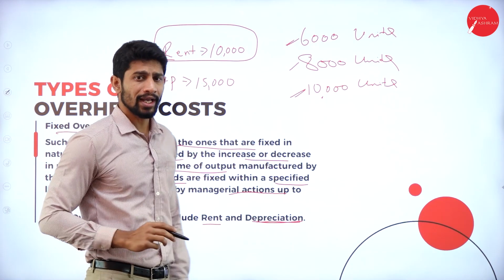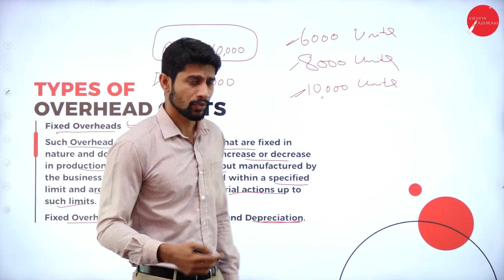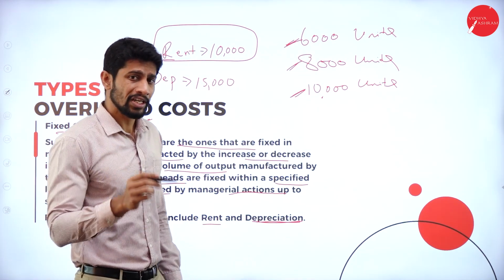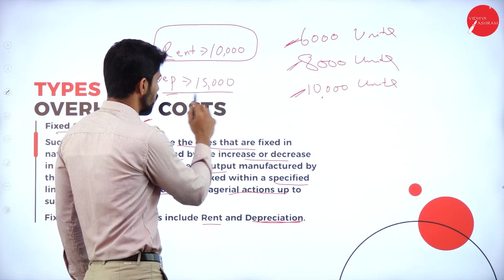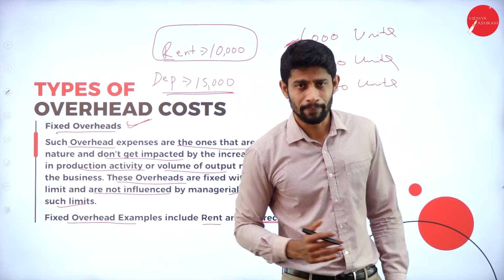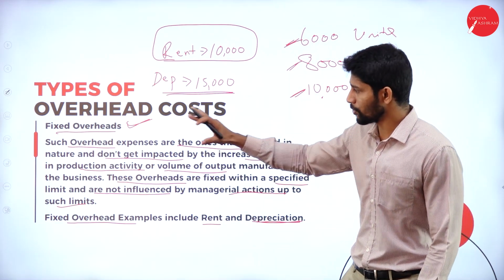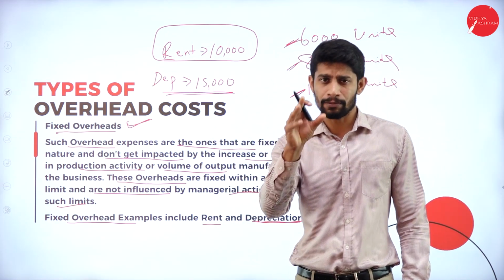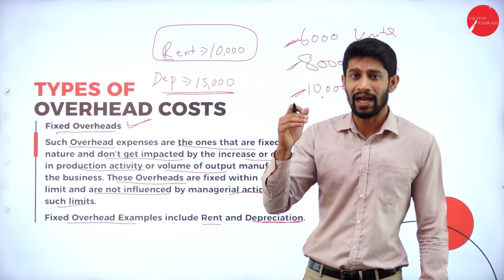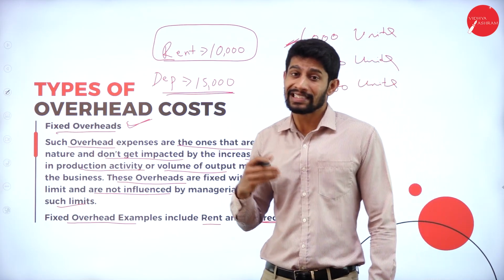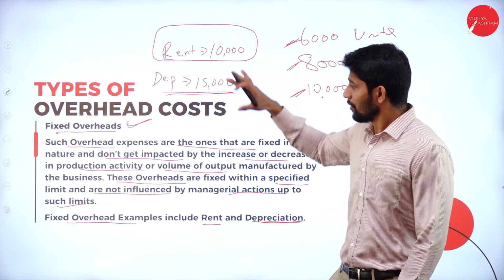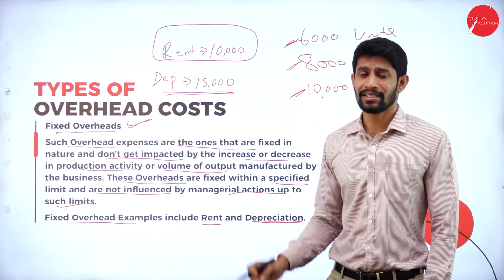See, whether you are producing the products or not, whether you are producing 6,000, 8,000 or 10,000 units, you are supposed to give the depreciation of 15,000 on a particular machinery at the end of the year. So fixed overheads are nothing but a few expenditures that are fixed. They will not get changed as the production activities change. Like, the production activities increase or decrease, the overheads will not get changed.